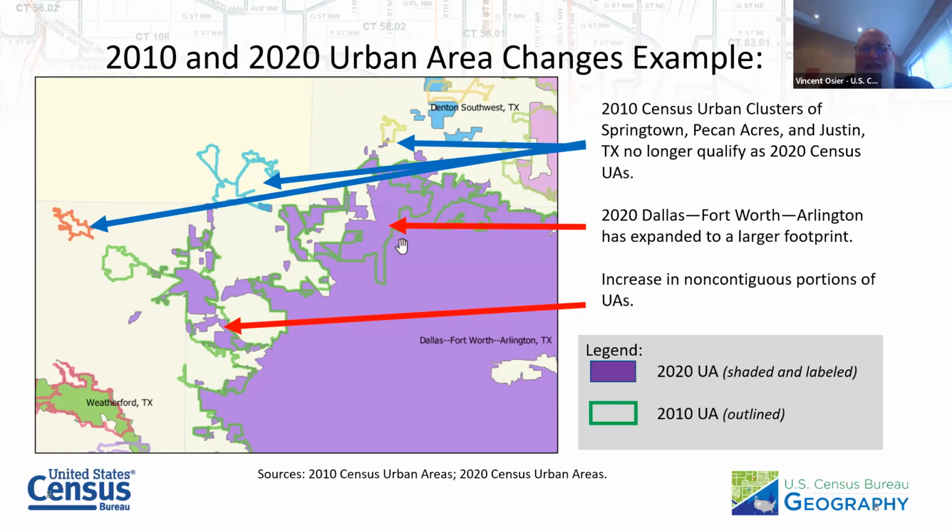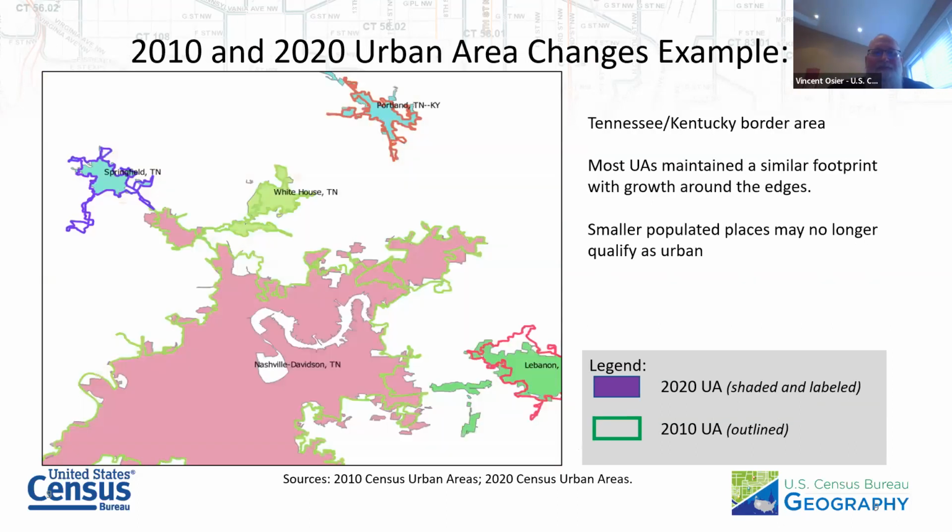But in past censuses, we had included those mainly for cartographic purposes, so there would be a contiguous urban area. But with the increase in data and technology, especially GIS data, it's much less of a factor for people to map these areas cartographically. So can you jump to the next one?